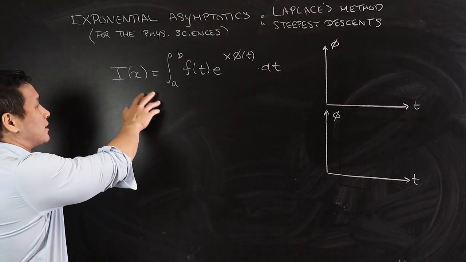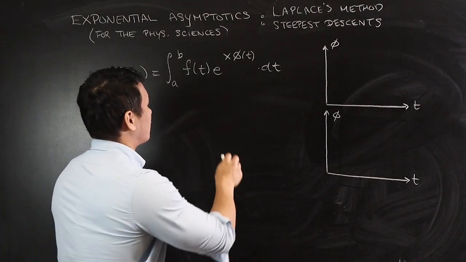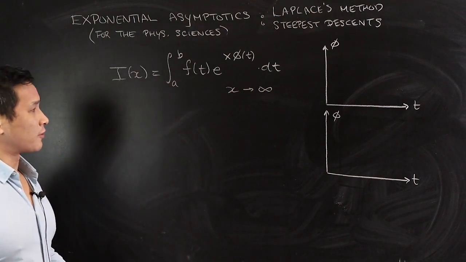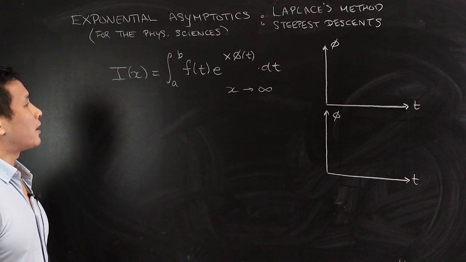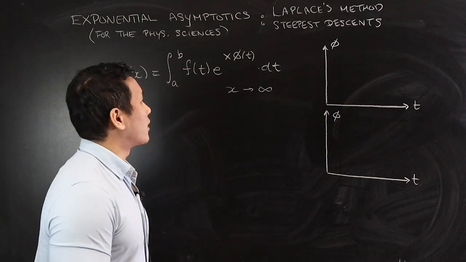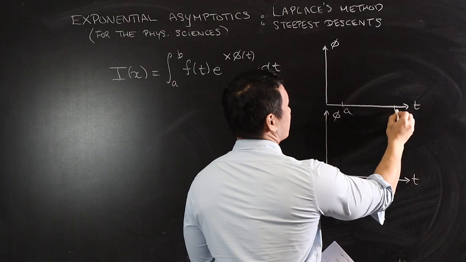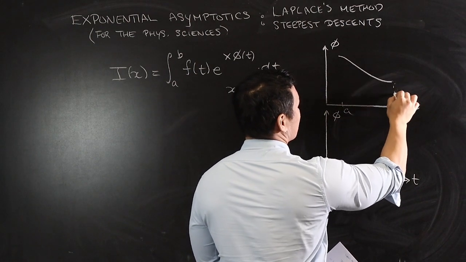So this is the integral that we talked about last time, where you're looking at approximating this integral for large, for the moment, positive values of x, just for ease of consideration. And we worked mainly through an example last time where the function phi, so if you think of your domain of integration from a to b, the function phi might look something like this.